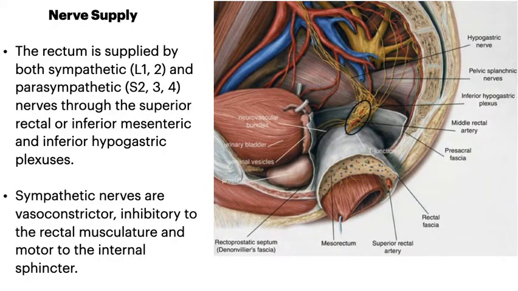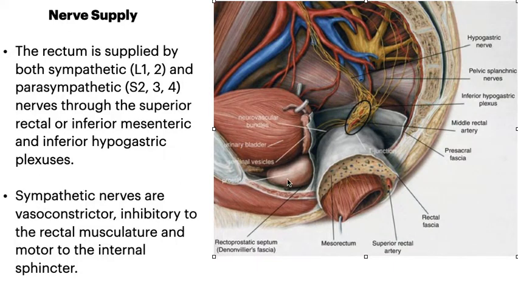Nerve supply. The rectum is supplied by both the sympathetic L1, L2 and the parasympathetic S2, 3, 4 nerves through the superior rectal or inferior mesenteric and inferior hypogastric plexus. This is the inferior hypogastric plexus.